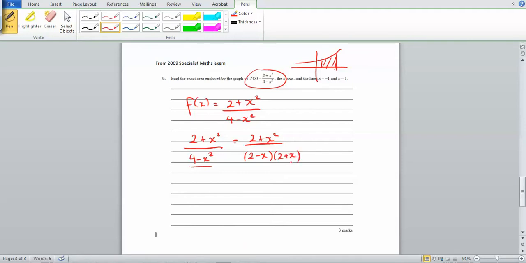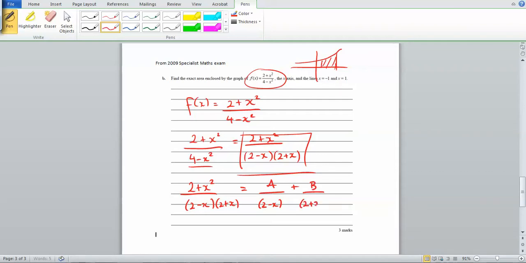Now, once we have something like this, we can convert it into two fractions. How do we do this? Well, if we've got 2 plus x squared on 2 minus x, 2 plus x, that actually equals some constant a over 2 minus x plus another constant b over 2 plus x.